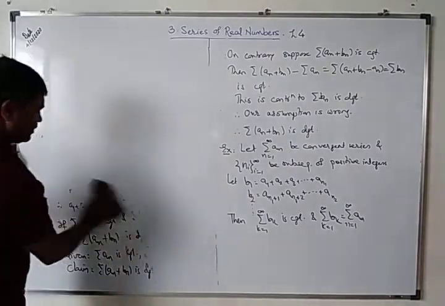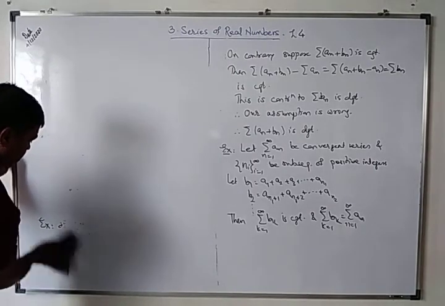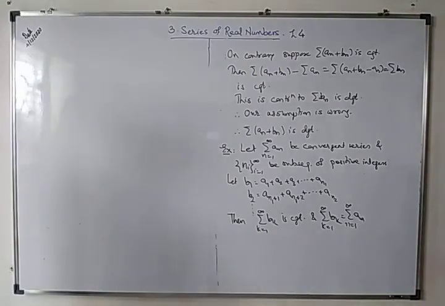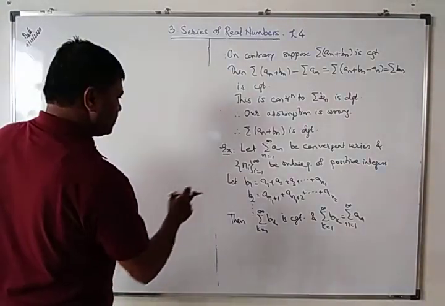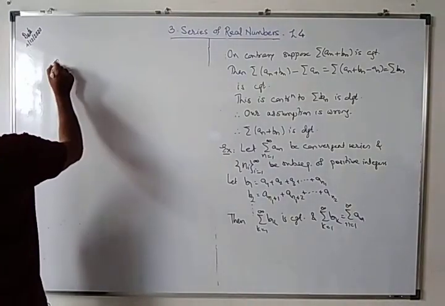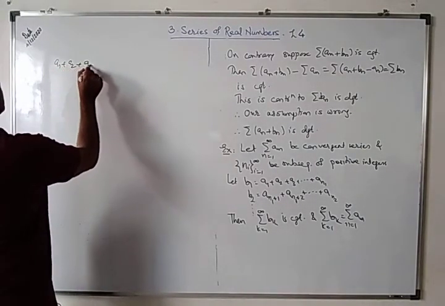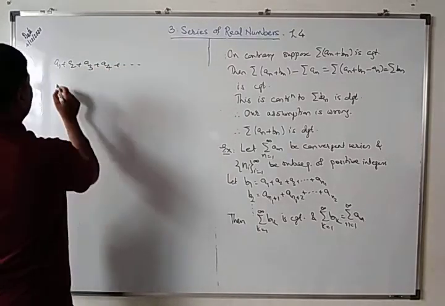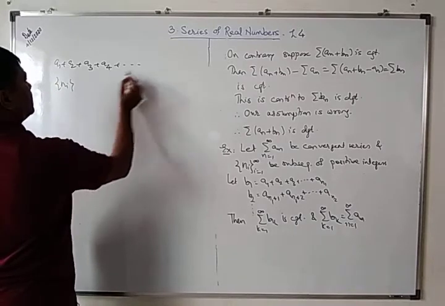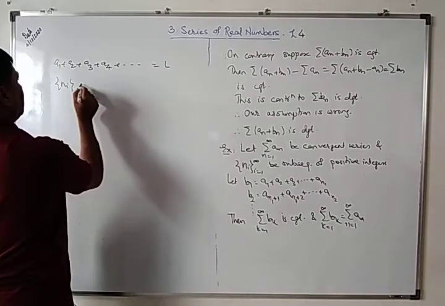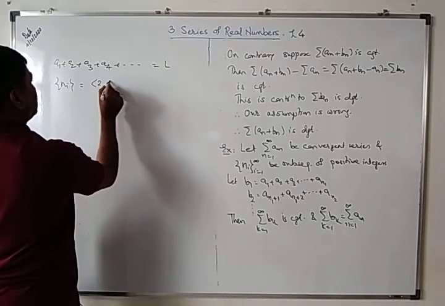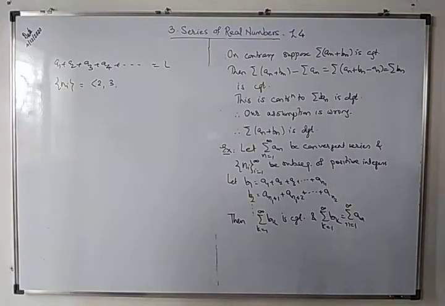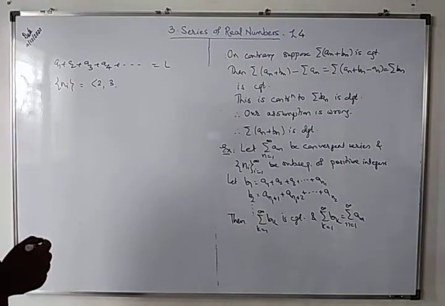What is the meaning of this example? Suppose I have the series a1 plus a2 plus a3 plus a4 plus dot etc. and n_i is, say, 2, 3, a subsequence of positive integers.